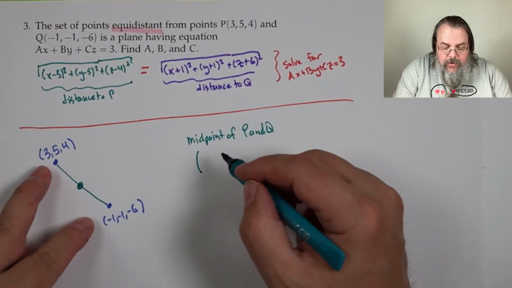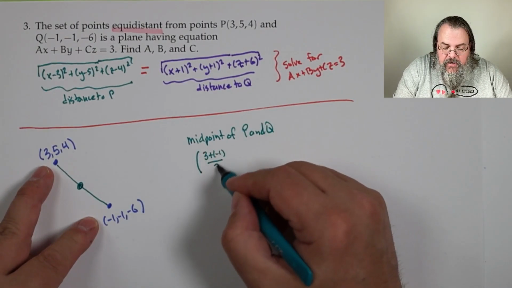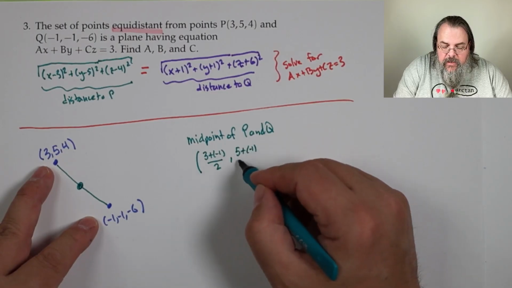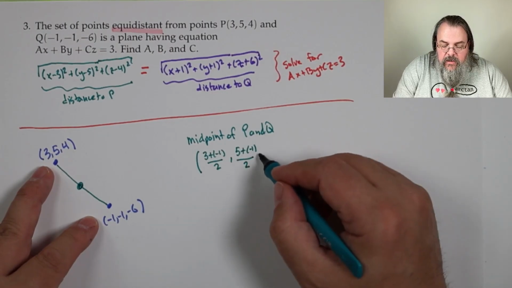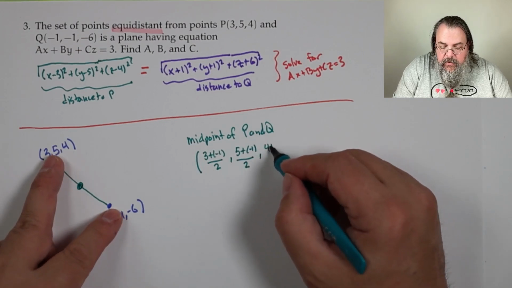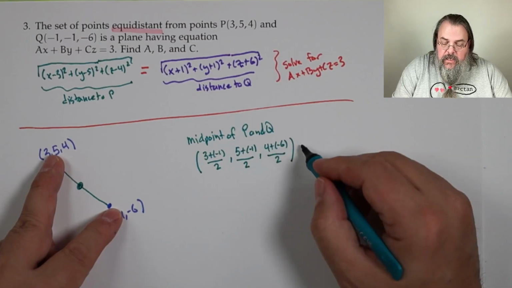So you take 3 plus -1 divide by 2, comma, 5 plus -1 divide by 2, and that's the y-coordinate, and then 4 plus -6 divide by 2, and that would give you what?